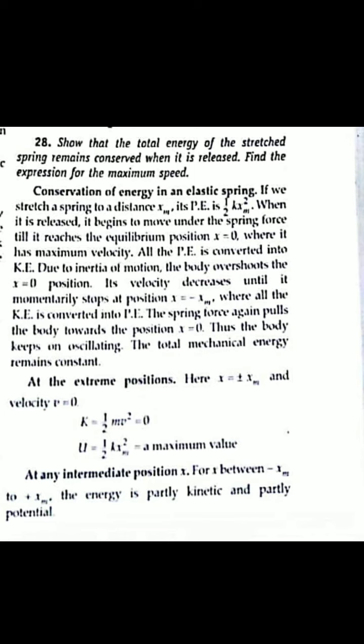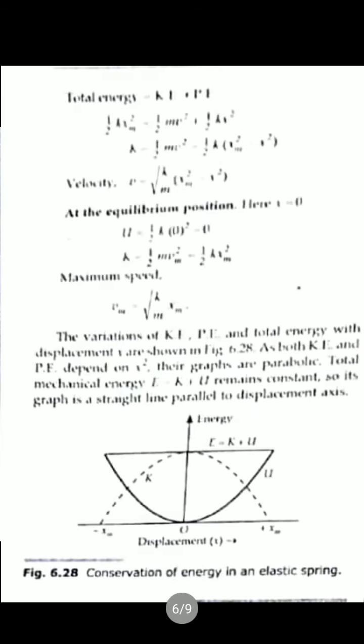At any intermediate position of x, for x between minus xm and plus xm, the energy is partly kinetic and partly potential. Intermediate means at any middle point, it has a little bit of kinetic energy as well as potential energy also.